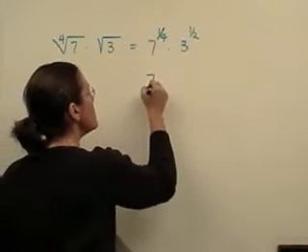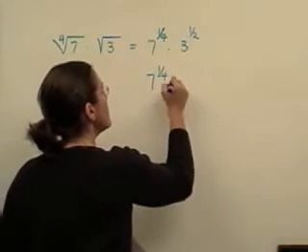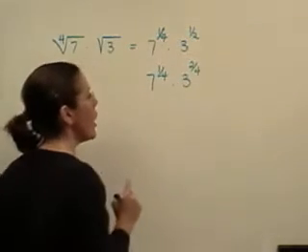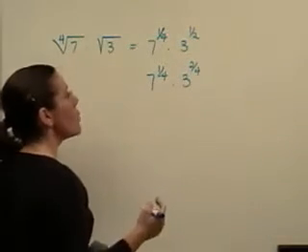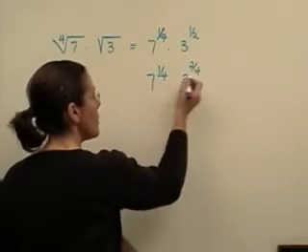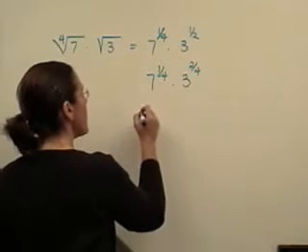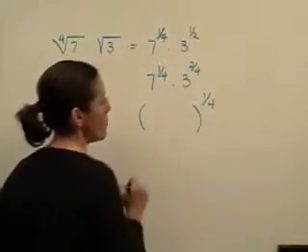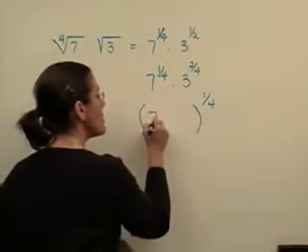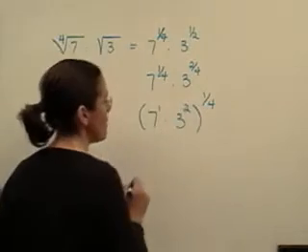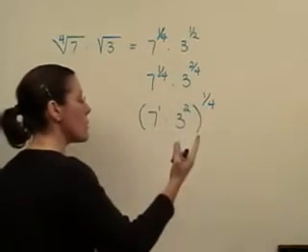What I will go ahead and do, however, is get these fractional exponents to have a common denominator. It might help me in raising all of this to the 1/4 power. So since both of these have a denominator of 4, I'm going to take this whole expression and raise it to the 1/4 power with a 7 to the first power and a 3 to the second power. Again, we're working backwards now.